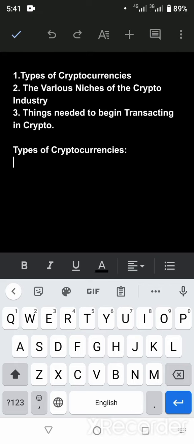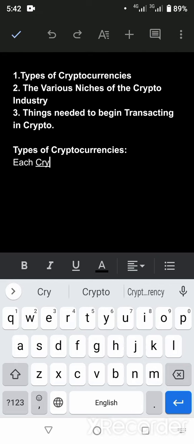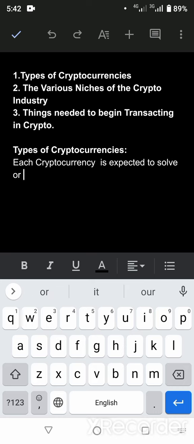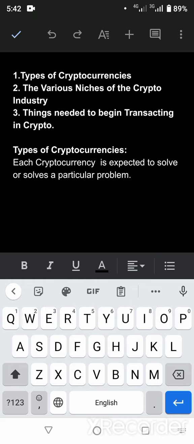Let me state it here. Each cryptocurrency is expected to solve a particular problem. Now, this problem that it solves determines the type of cryptocurrency it is. You understand?